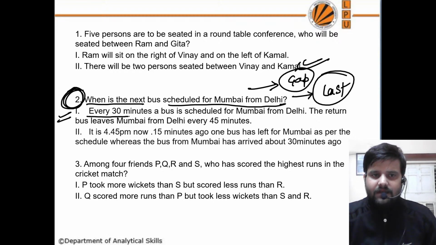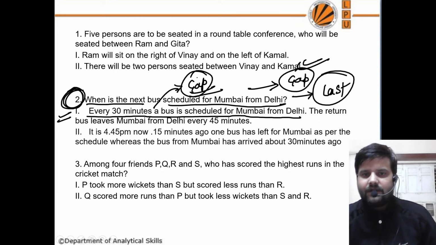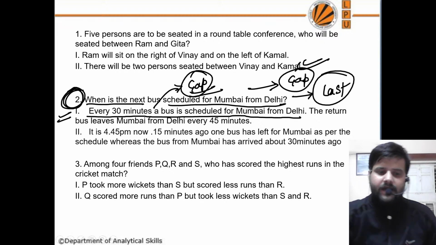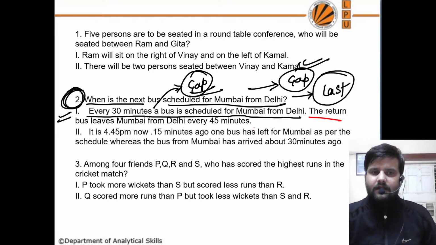It says every 30 minutes a bus is scheduled for Mumbai from Delhi. So actually this first statement is giving you gap information, that after every 30 minutes there is a bus from Delhi to Mumbai. Now if you read the second part of this statement, it says the return bus leaves Mumbai for Delhi every 45 minutes.